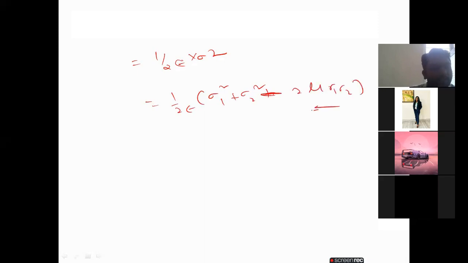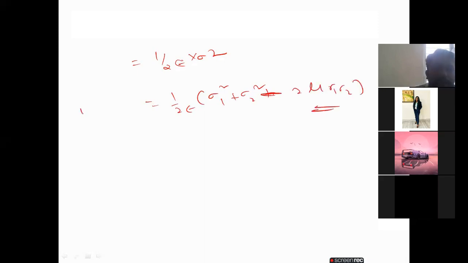Now we have to calculate the single direct stress as per the maximum elastic strain energy theory. Everyone knows in the strain energy theory, due to the single stress, it is 1 by 2E into sigma square, and due to principal stresses, 1 by 2E into sigma 1 square plus sigma 2 square minus 2 mu into sigma 1 sigma 2.